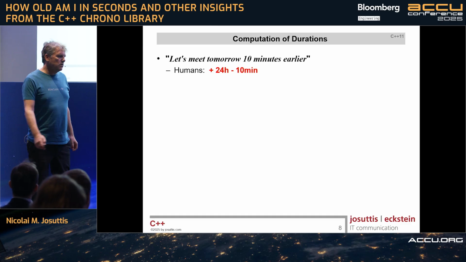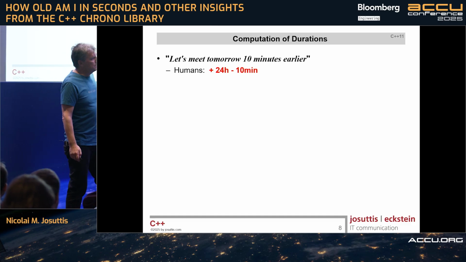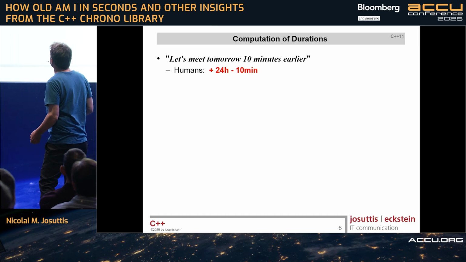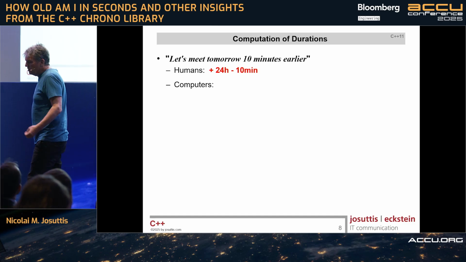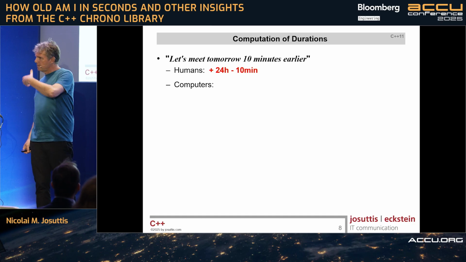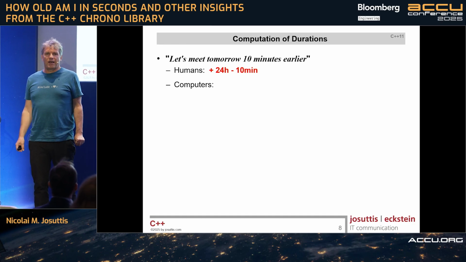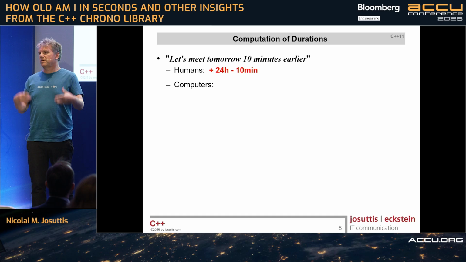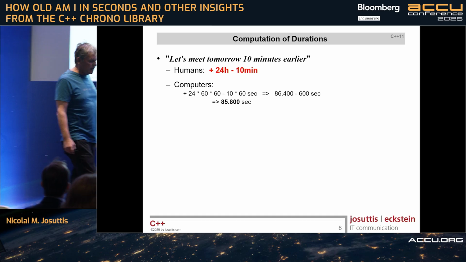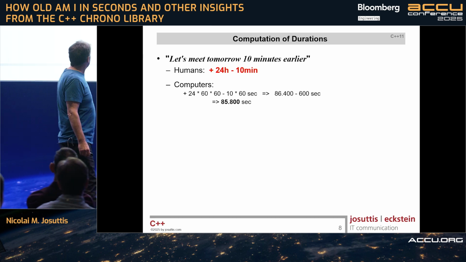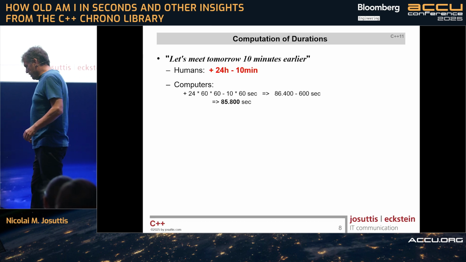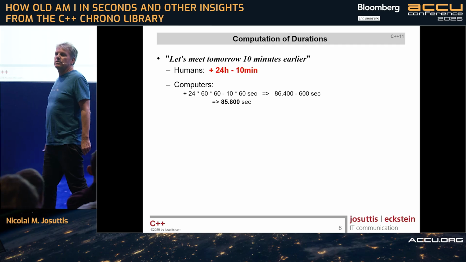Now, the usual approach that standard libraries and programming languages of any kind have is, in a computer, to use just some very fine-grained data type that can deal with all the possible values. And so if you do that in seconds, for example, it would mean that we internally have to use 85,800 seconds for this duration.